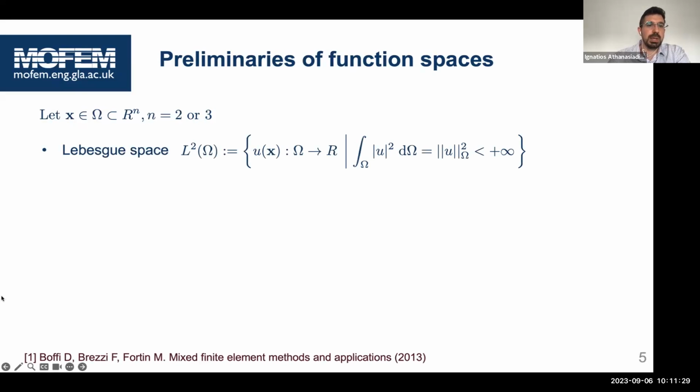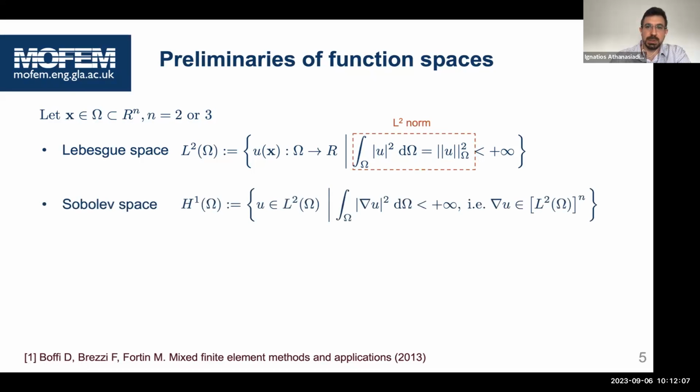And this involves the Lebesgue space, presented as L2 in the domain, which is the set of functions that fulfill this inequality, where the integral of the squares of the functions gives us the norm squared, and this is always a finite number. So this integral will never blow up. This is the L2 norm.